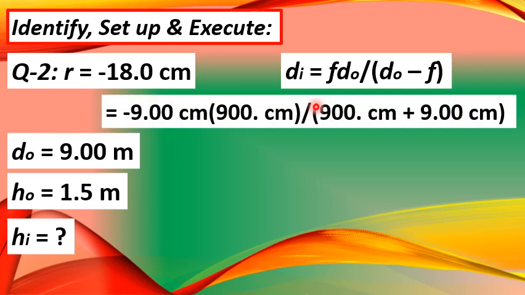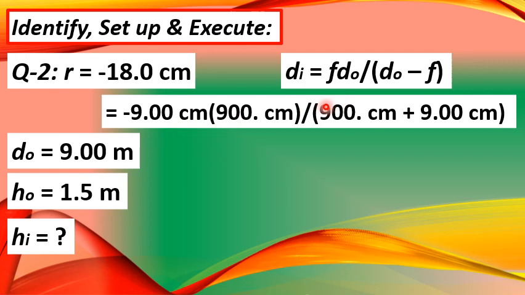So substituting our data into this formula, the focal length is half of the radius. That means the focal length is negative 9.00 centimeters multiplied by the object distance, which is 9.00 meters or 900. centimeters.